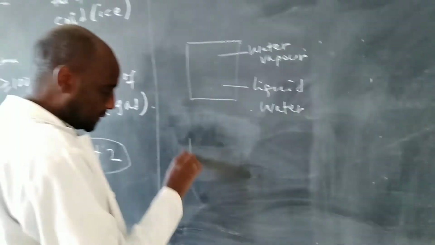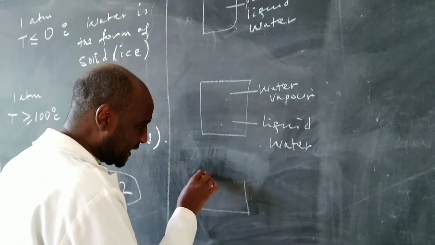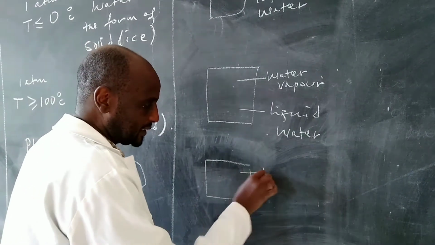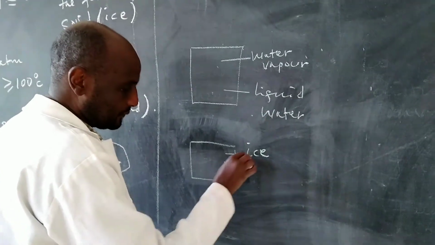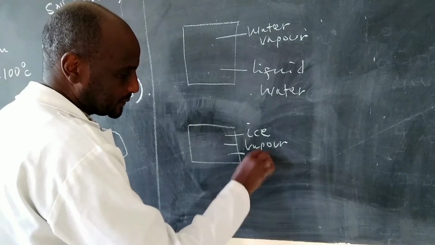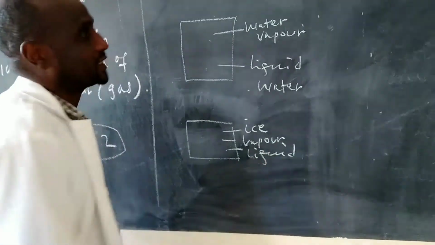And here we have three phases coexisting, the three water forms: ice, vapor form of water, and the liquid state. Now we have three cases.